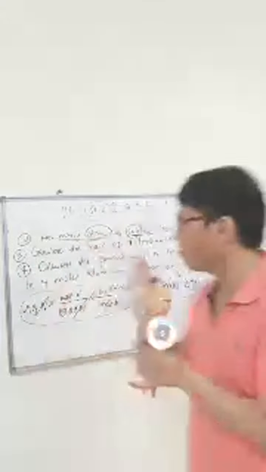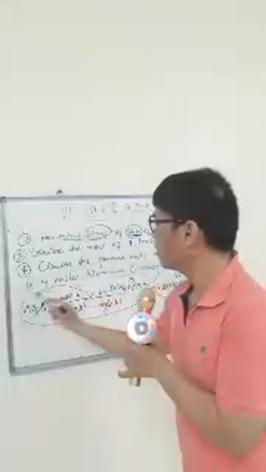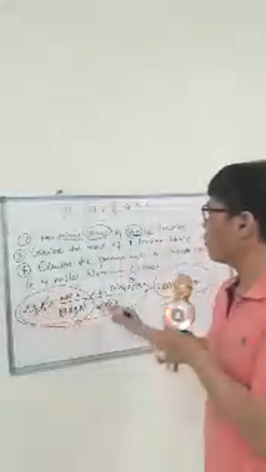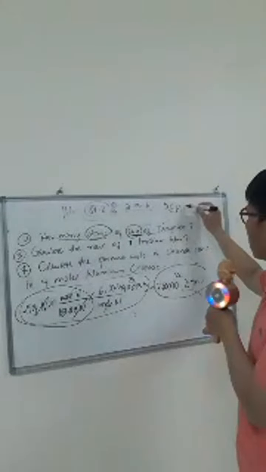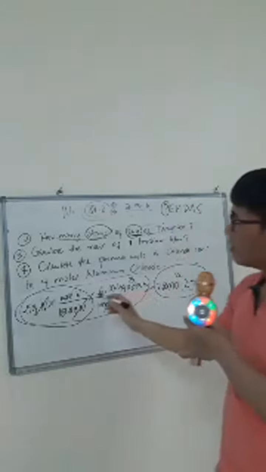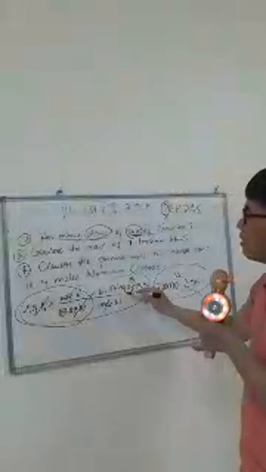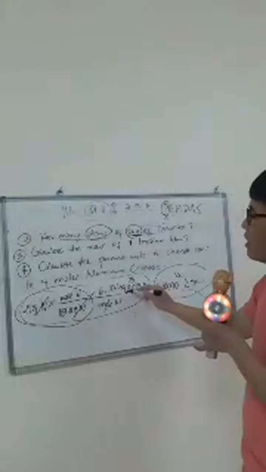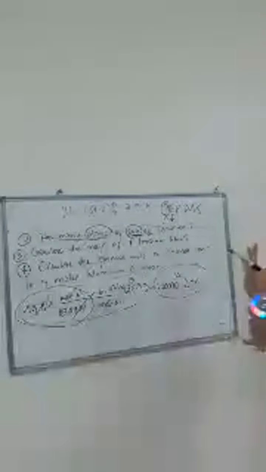Do it first here, like this. PEMDAS: parentheses first. There's no parenthesis here, right? Next, exponent. We have an exponent here, so use this exponent first, and after that, multiply.